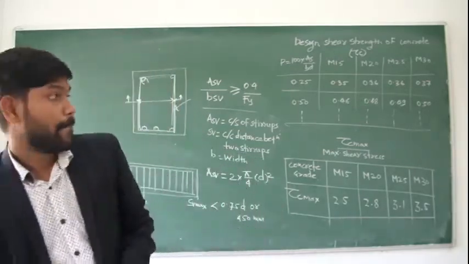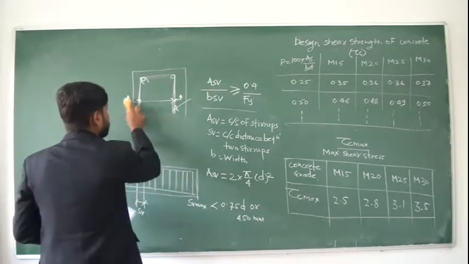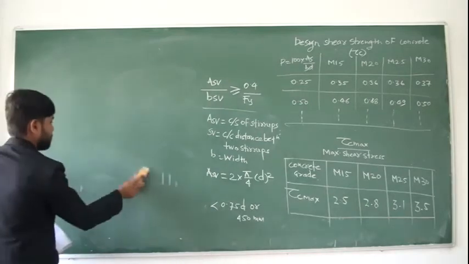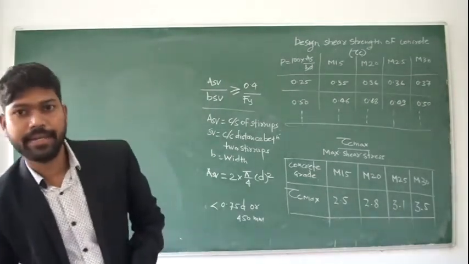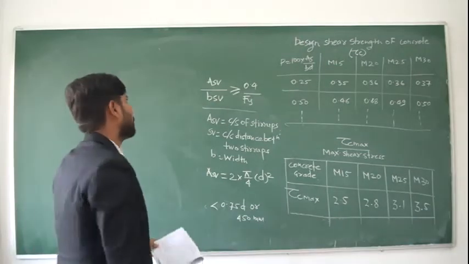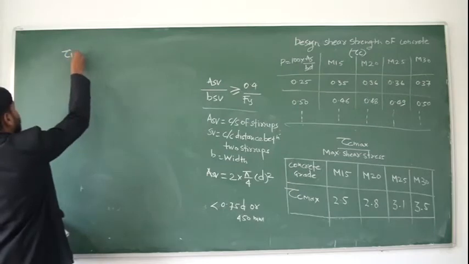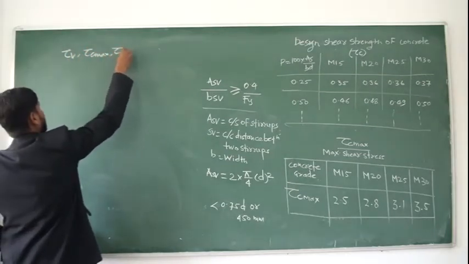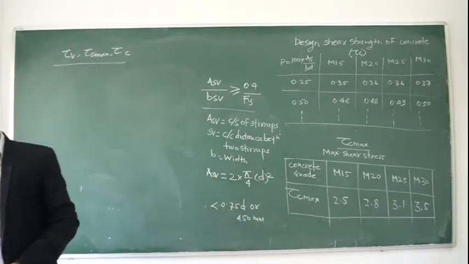For that, as I have told you, there are different terms related to shear reinforcement: tau v, tau c max, and tau c. So what will be given to you?